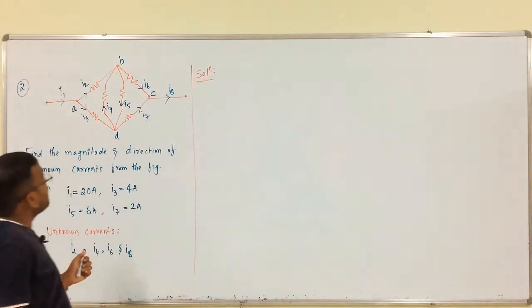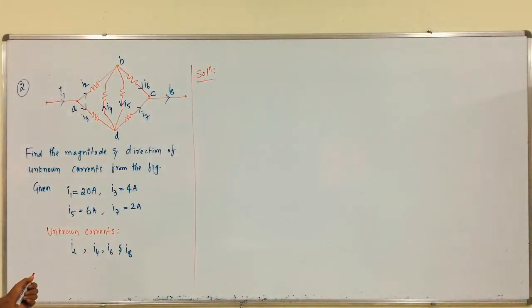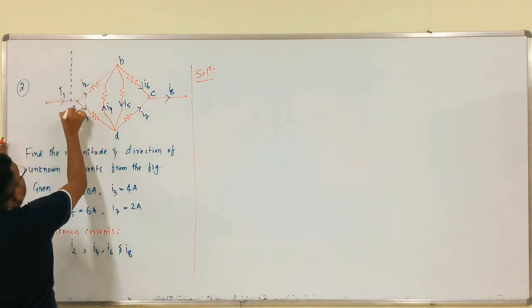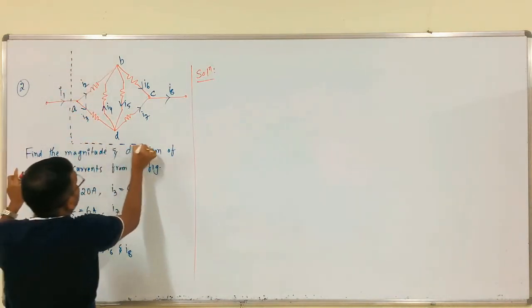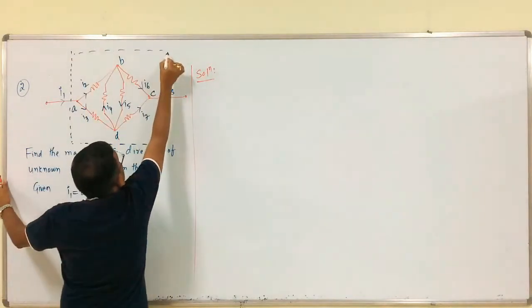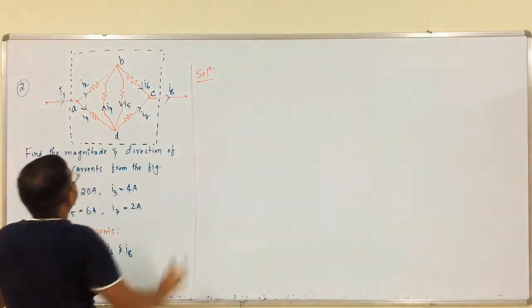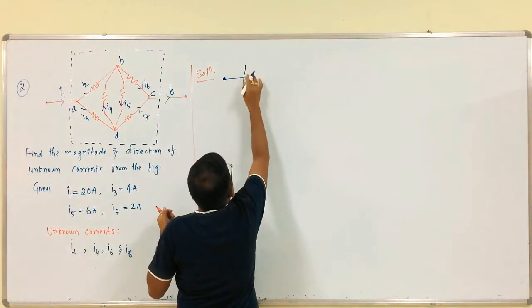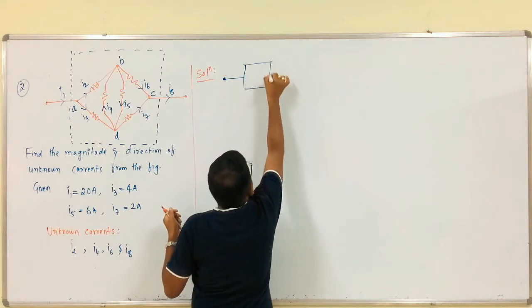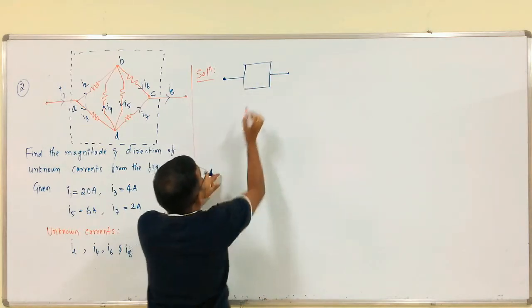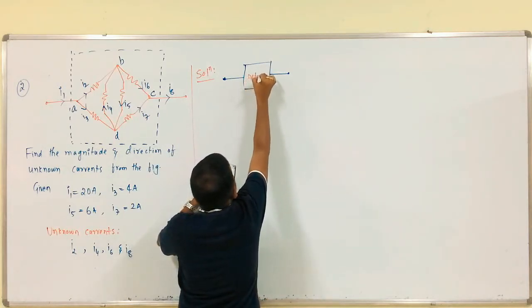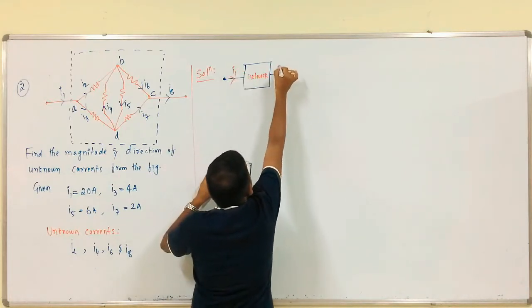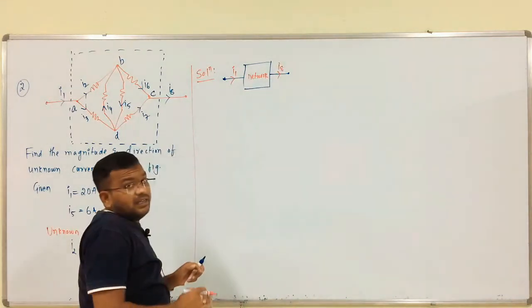This is a simple block, right? In this network, the entering current is I1 and the leaving current is I8.